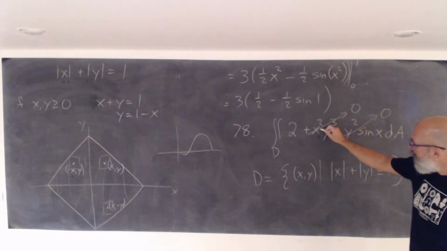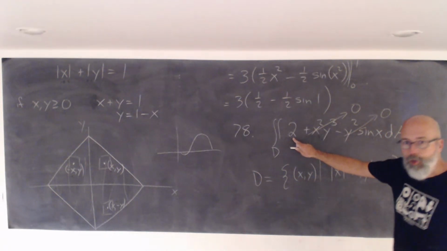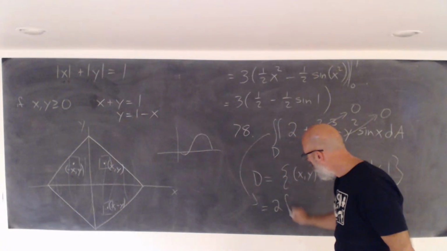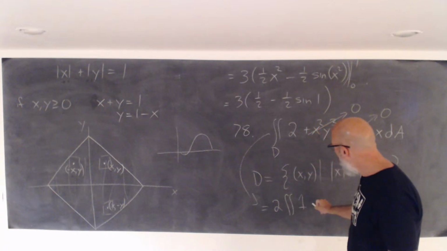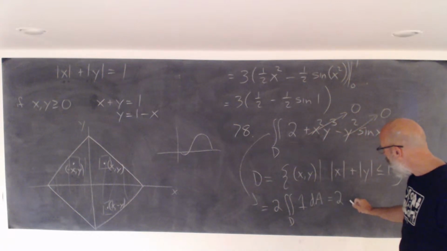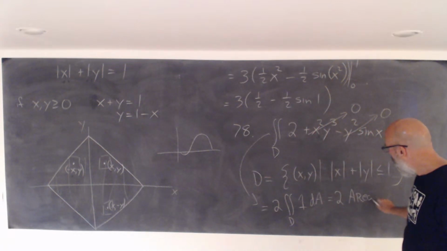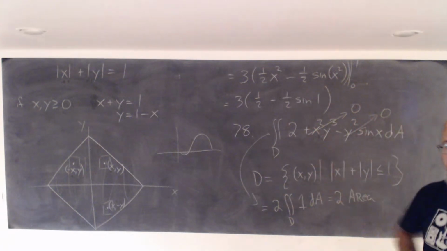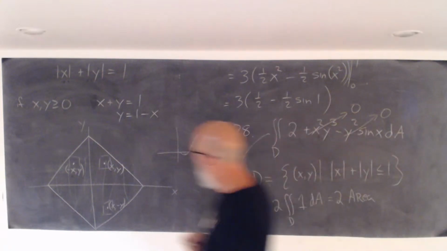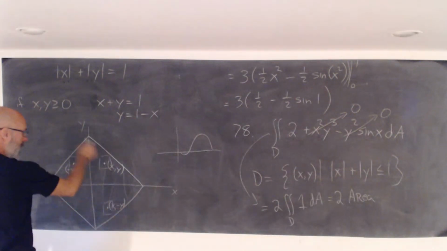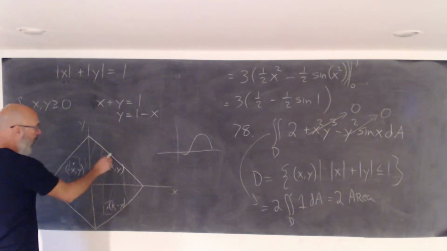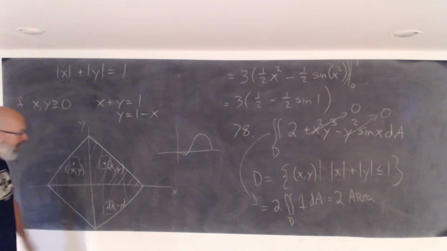So this cancels out, and now you just have the integral of 2. If you factor out the 2, you get the integral of 1, which is just twice the area. Right? The integral of 1, we had noticed, was the area. So all you need is the area of this square, which is really 4 of these triangles.